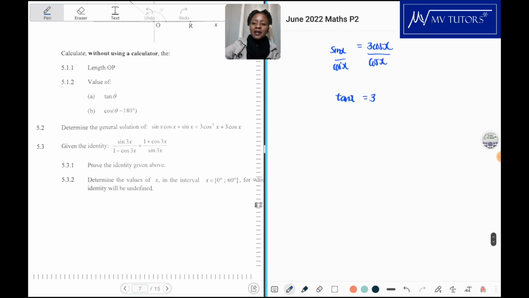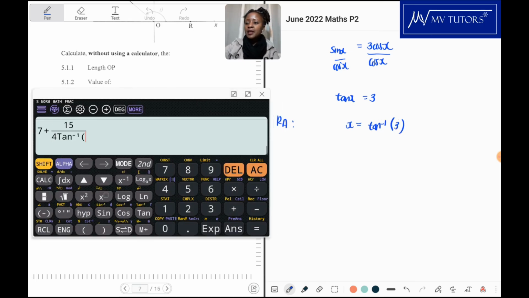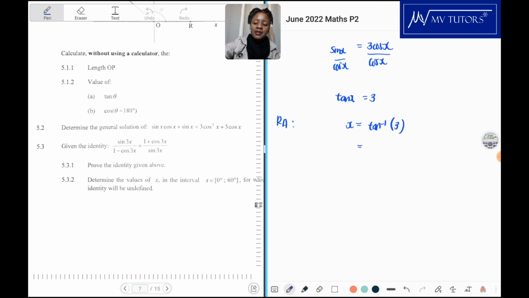And so how do I get my reference angle, which is x? x would be inverse tan of 3. And what would that value be? Shift tan and 3. Okay, so that is basically 71.57 degrees.